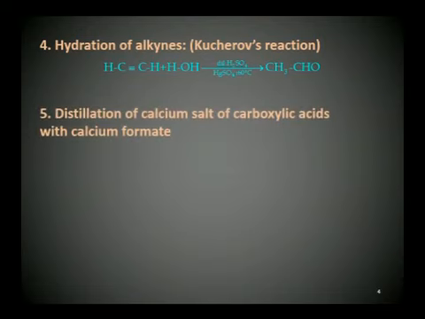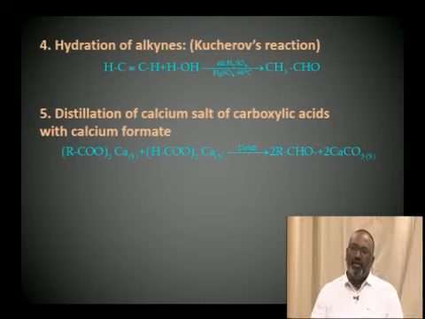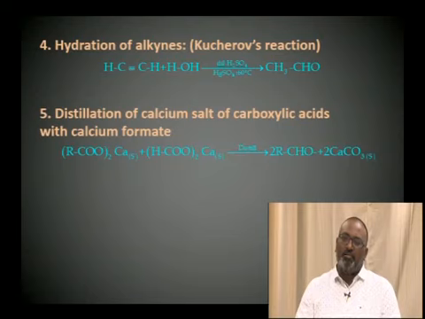Followed by another preparation, that is distillation of calcium salts of carboxylic acids with calcium formate. When calcium salts of carboxylic acids undergo dry distillation with calcium formate, aldehydes are produced.